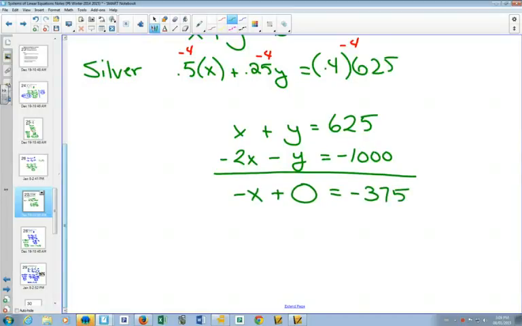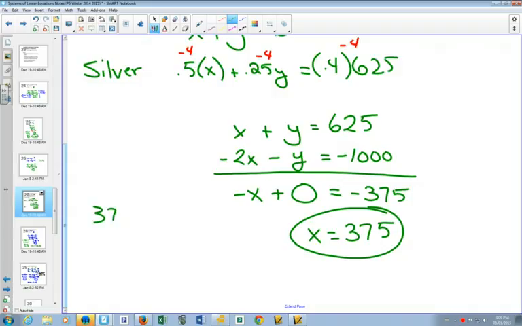So if negative x equals negative 375, x is equal to 375. Now which equation would you like to use to find y, 1 or 2? First one. So 375 plus y equals 625. So y is equal to 250.